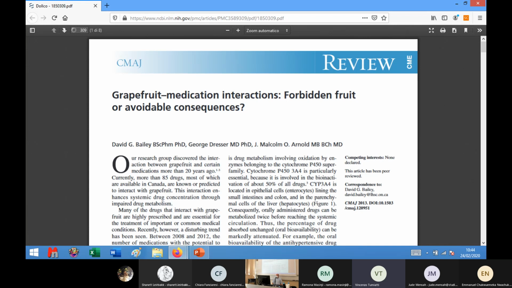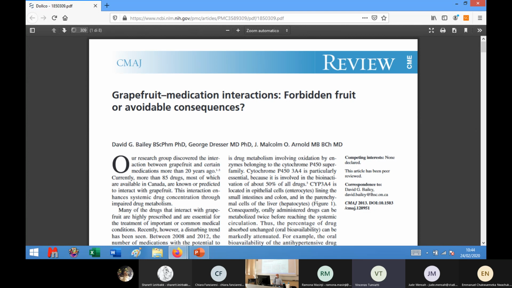We see, now, I changed the position of this slide, but just to show you the interactions of grapefruit with drugs. You drink a lot of orange juice, a lot of natural compounds, very important, antioxidant, vitamin C, and so on.